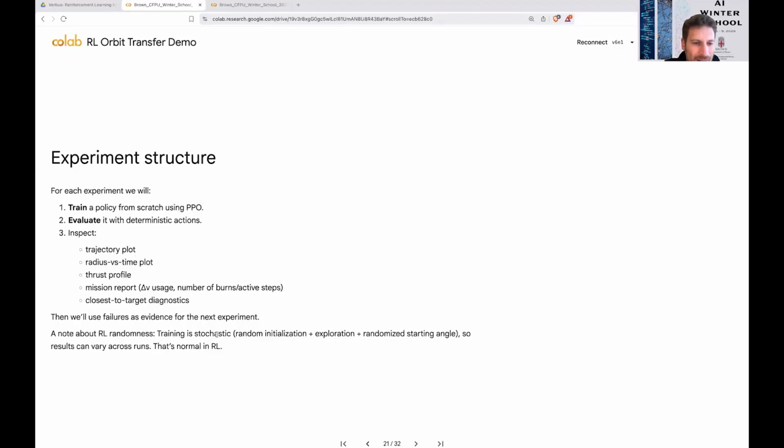Again, training is stochastic. It is not going to be deterministic from run to run, so we might get slightly different results. There's probably a way to define a lot of random seeds properly and get very deterministic results, but I think that's not completely trivial, so I didn't worry about it for this demo.